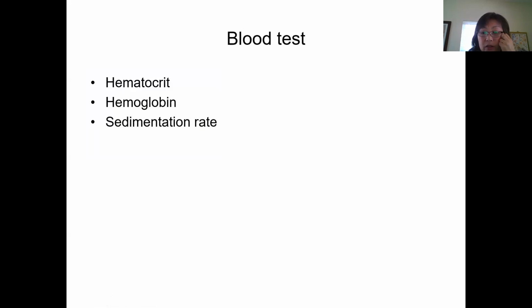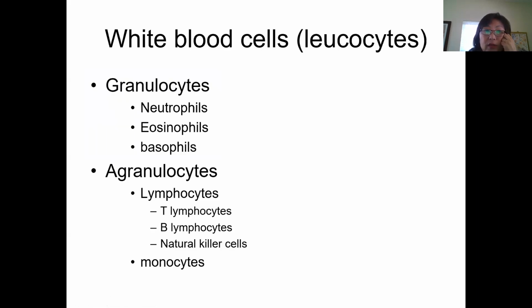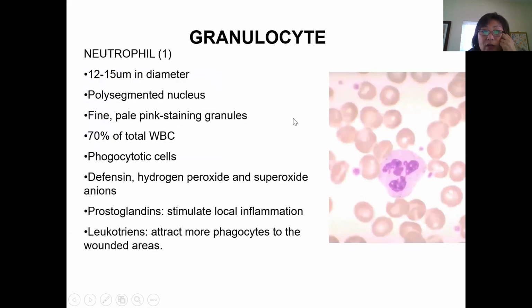All right, so we can skip this one. And then about white blood cells, we can divide white blood cells into granulocytes and agranulocytes. I do have a chart in your lab handout. You need to read your book and work on that chart.